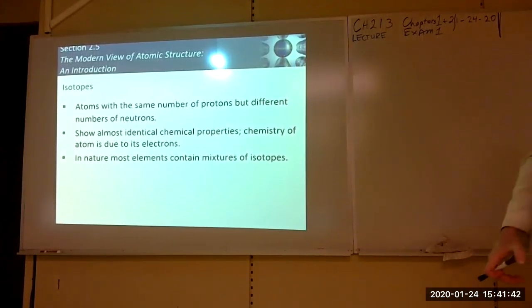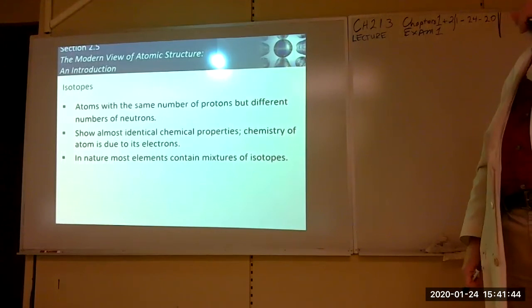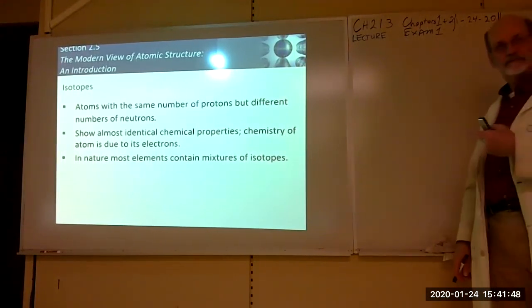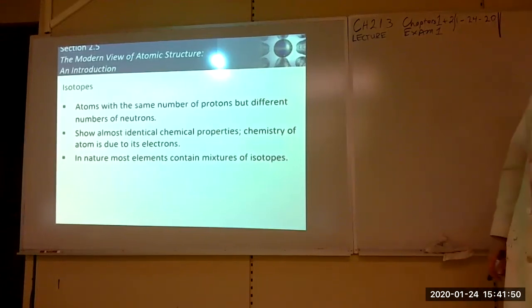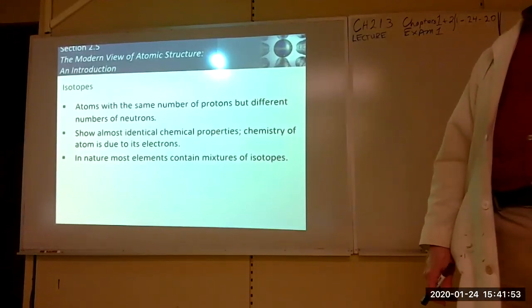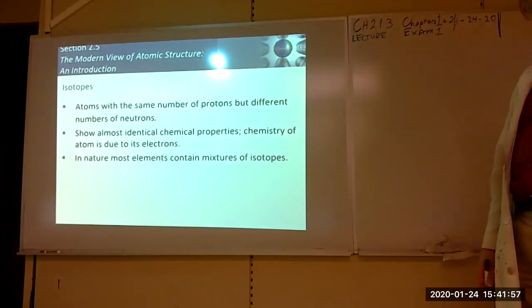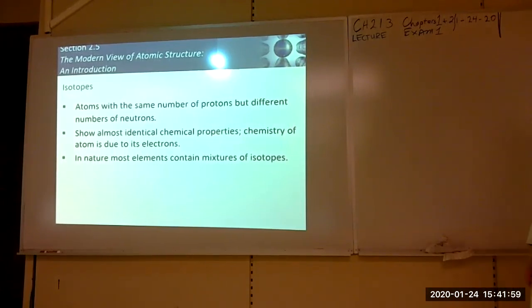Most of them will have one isotope that dominates, and the rest of them will be minor components. Some of them may even be radioactive. So they're in the process of changing from this element to some other element. But many of them are stable.